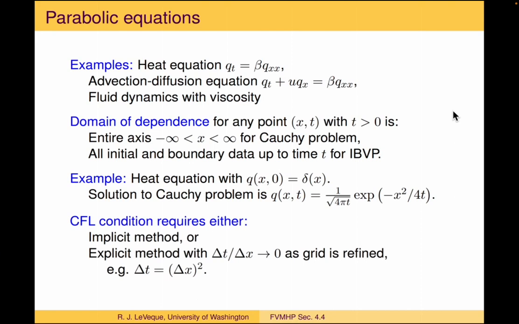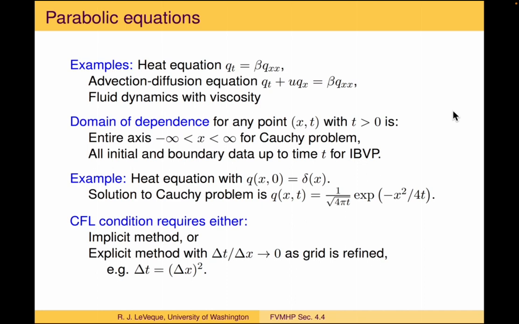And so for a parabolic equation, the CFL condition requires either that we use an implicit method like we were just talking about, which through its coupling of all the points at the advanced time gives us the CFL condition being satisfied. Or if we want to use an explicit method, for example, the kind of method we were looking at extended to a parabolic equation, then we can't let delta t over delta x be fixed as the grid is refined, because that's always going to give us a finite domain of dependence.